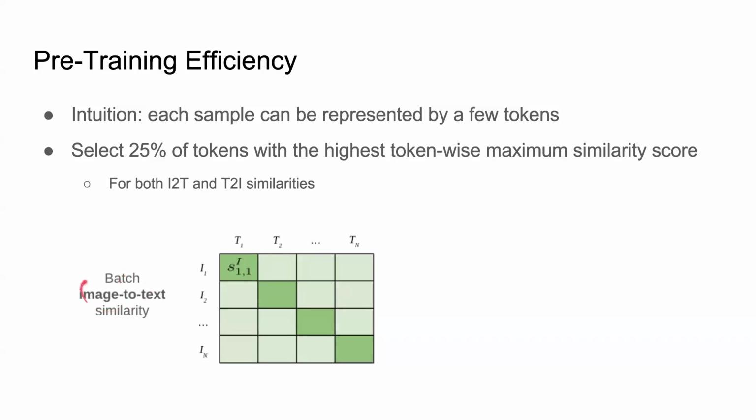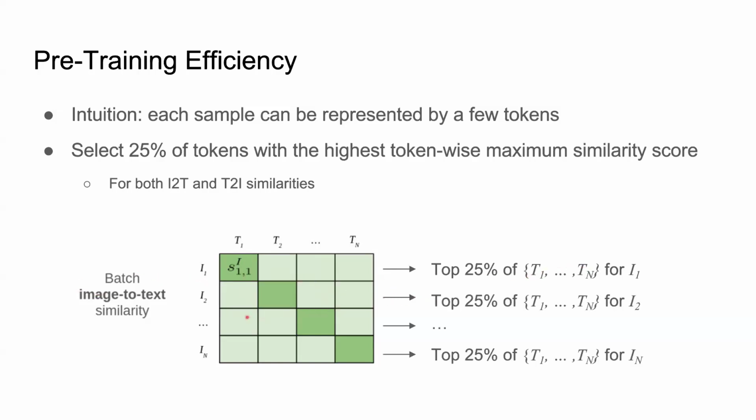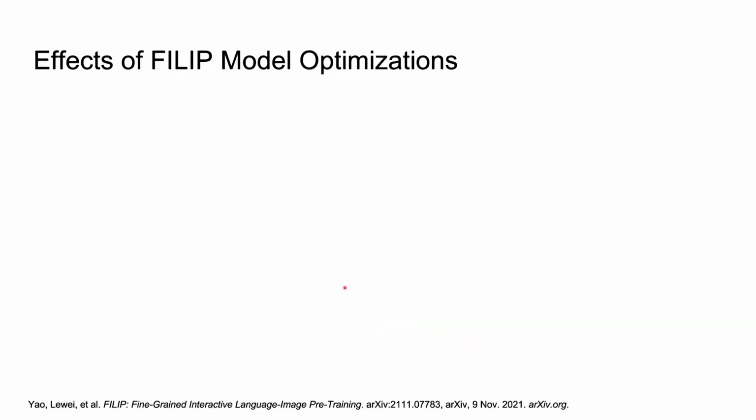Well, for example, I'll take this image-to-text similarity matrix. Here for image 1, they take the top 25% of the text 1 through text n, and these are whole images and whole text. For your first image, or your second image, and so on. And so they take 25% of these.